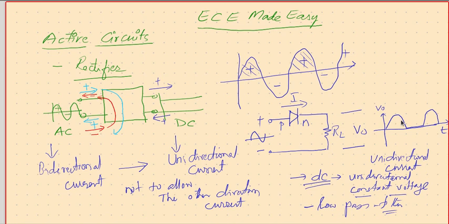We used a rectifier circuit and converted bidirectional current into unidirectional current. But now we are not happy with just having unidirectional current. We wanted a constant voltage also. So that's what we need to look at in our next session.